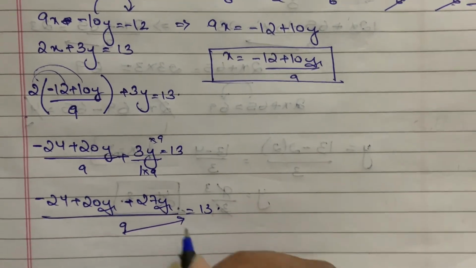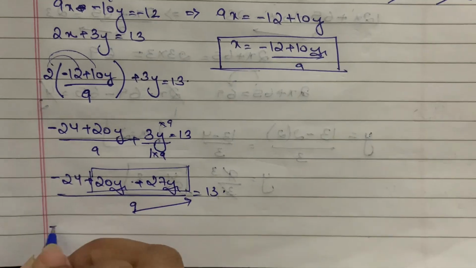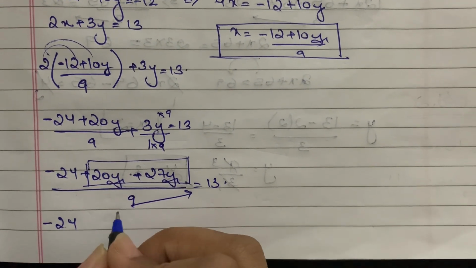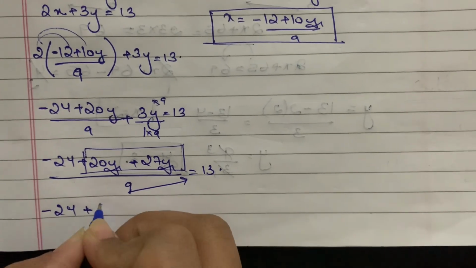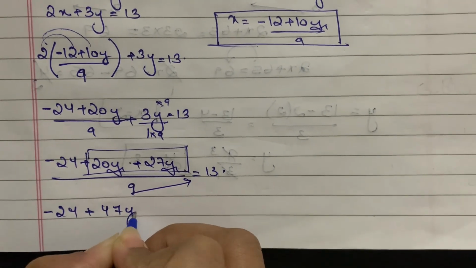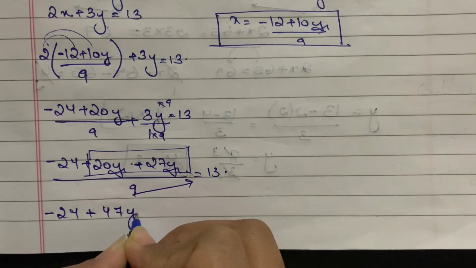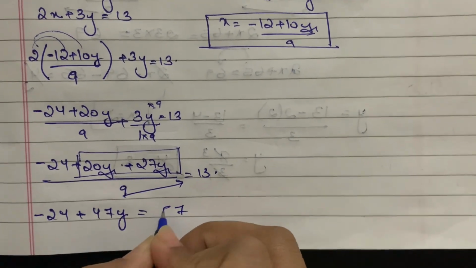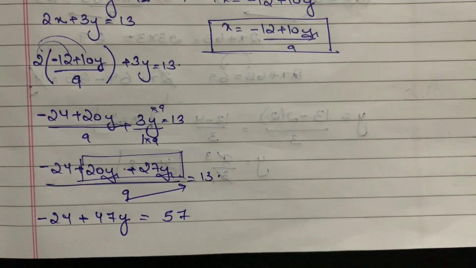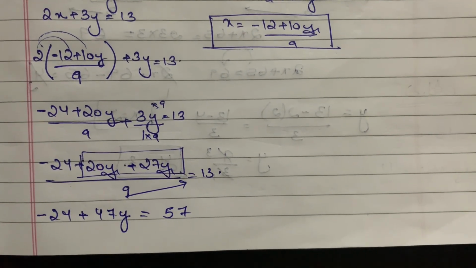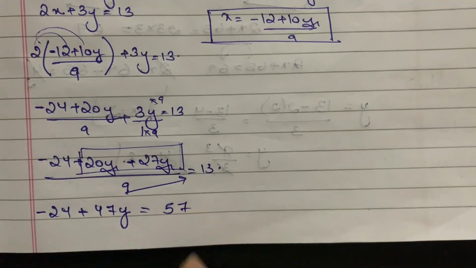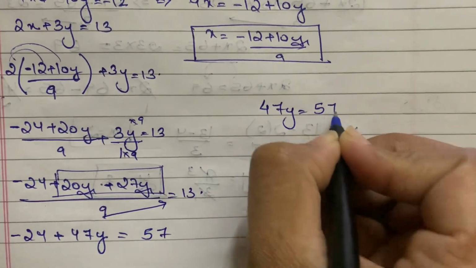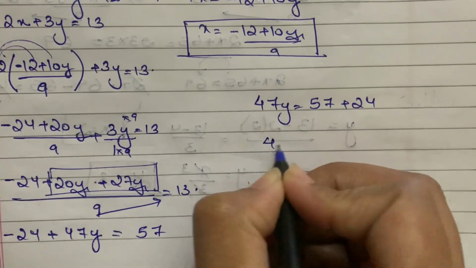Now sending this to the other side and simplifying, 20 plus 27 becomes 47y is equal to 13 times 9. Now I need to start solving it for my y. So sending this 24 to the other side, it becomes 47y is equal to 57 plus 24.